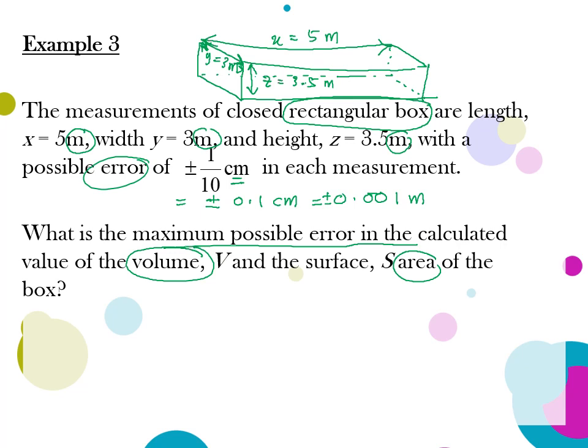Alright, so you need to come up with a formula for the volume of the rectangular box. So the volume, I just write like this, is equivalent to x times y times z. This is the formula for the volume of a rectangular box. You need to multiply your length with the width with the height, that will give you the volume.